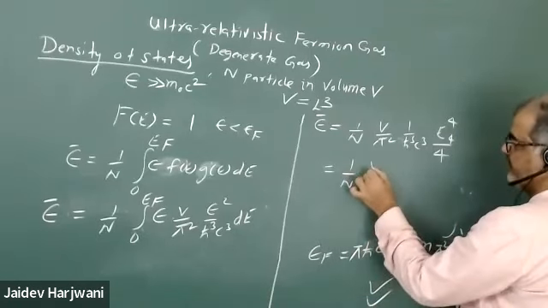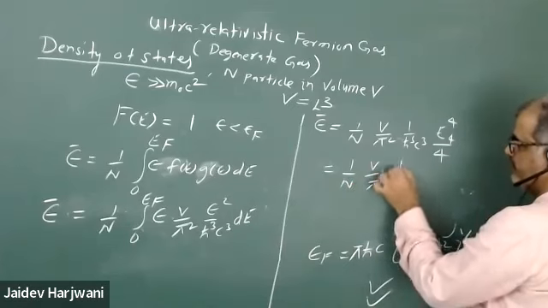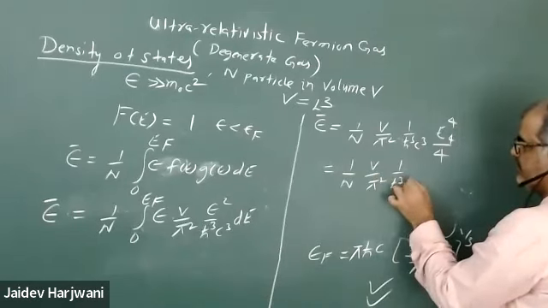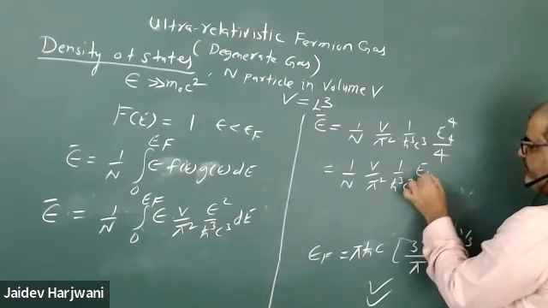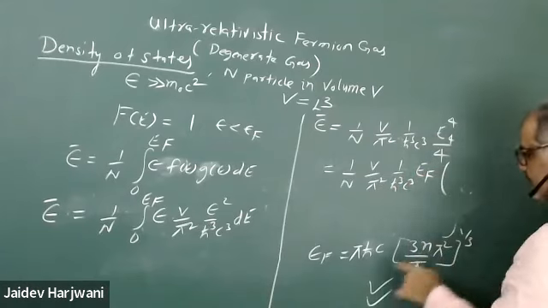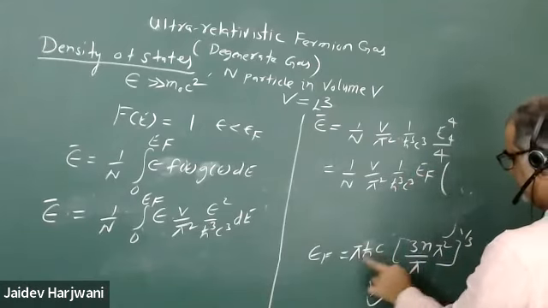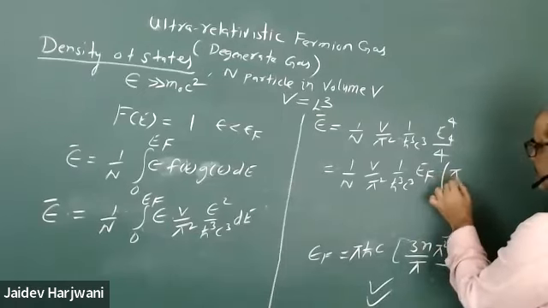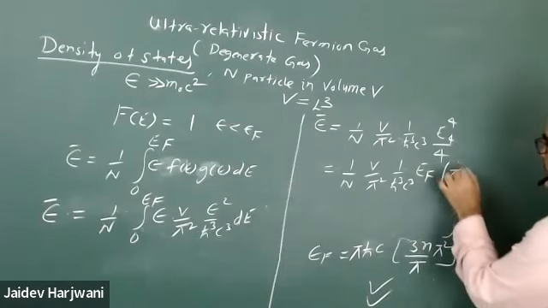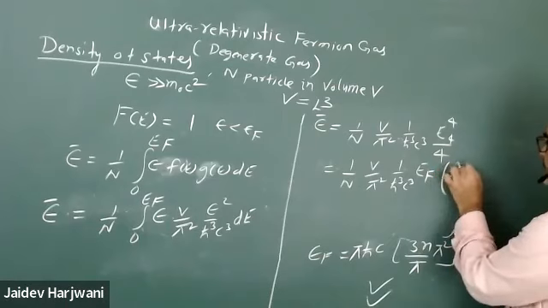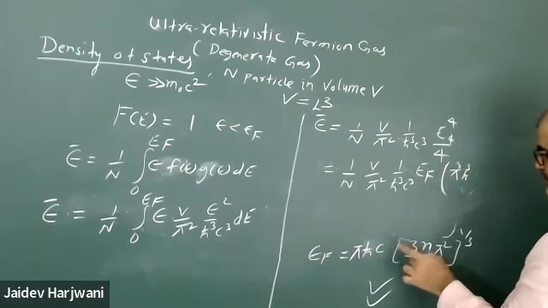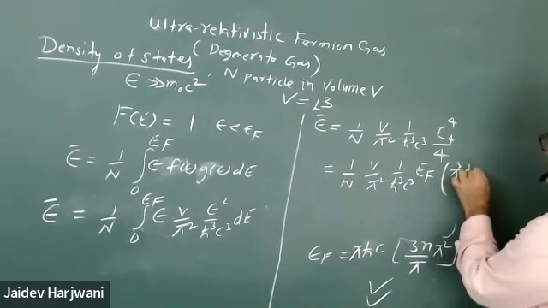Now you have 1 upon n, V upon pi square, 1 upon h cut cube c cube, EF to the power 4 upon 4. And EF cube value was given by the expression with power 1 by 3, so you can put the value here. That will come pi cube, h cut cube, c cube.